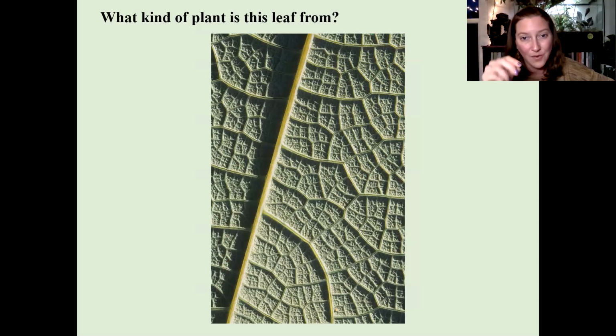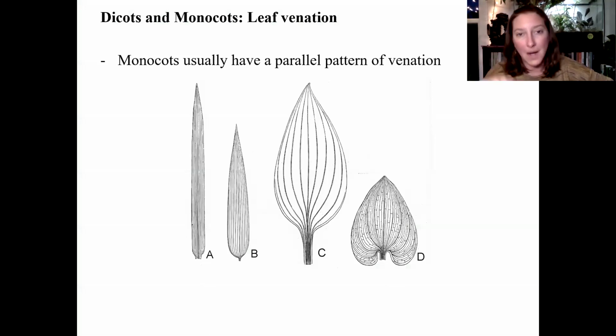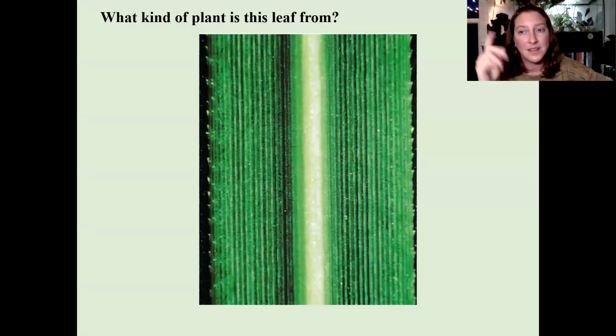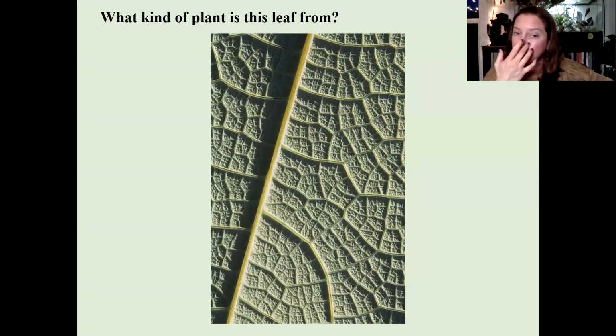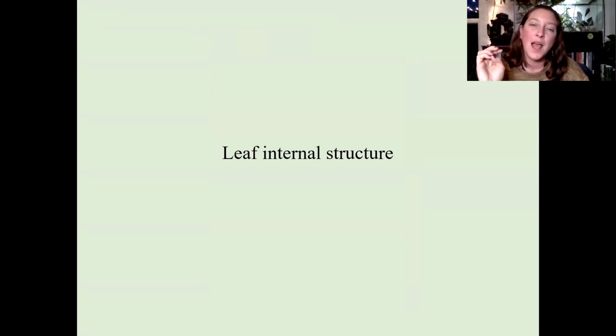This is dicot with the net-like venation, right? Dicots have net-like. Monocots have parallel. This is monocot. This is from a grass. Parallel. This is dicot. I don't remember what plant this is from, but this is dicot and it's net-like, right? Not parallel. Okay. That was a lot about leaf external stuff.